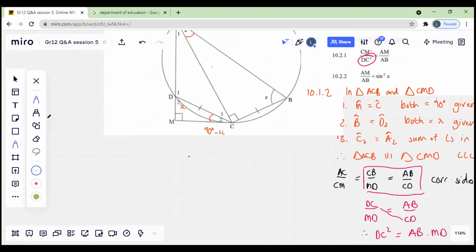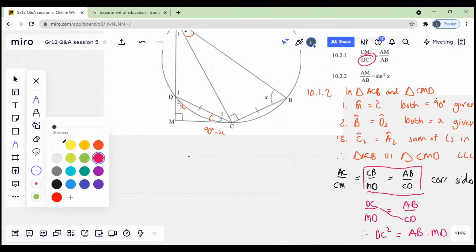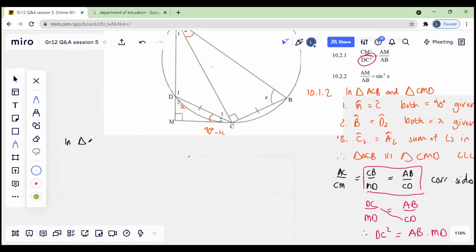Okay, so I'm going to work in triangle AMC and triangle CMD, and I'm going to prove that they are similar to one another. Okay, so first of all, M is common. All right. What else could I say? Well, I've already proved that C2 is a tangent to the circle.